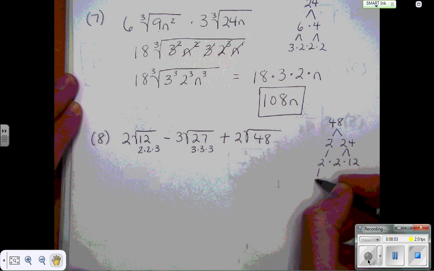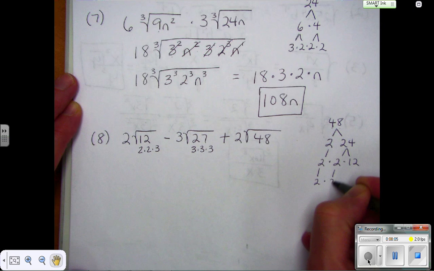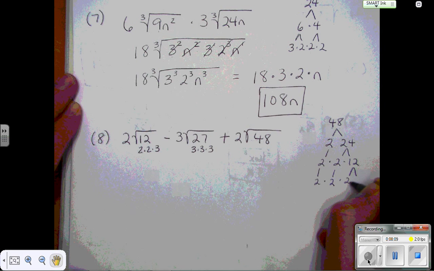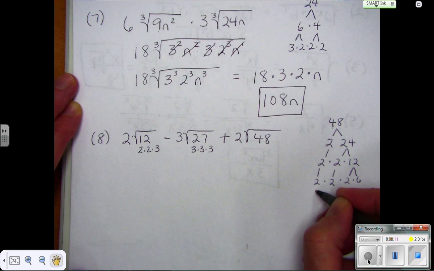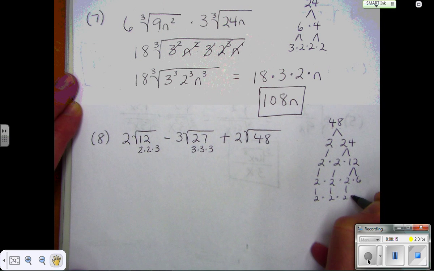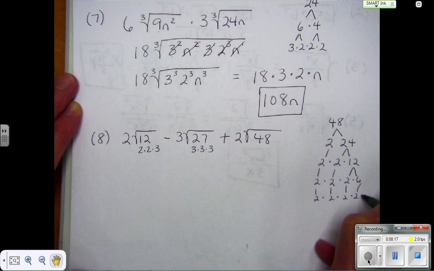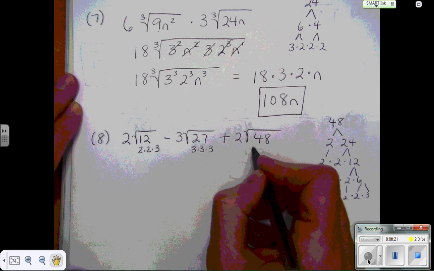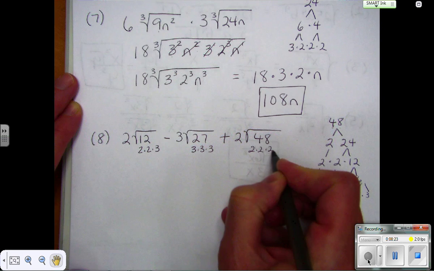I'm just bringing down all my prime factors so I don't forget that they're there. And then 12 is 2 times 6. So my prime factors are 2 times 2 times 2 times 2 times 3. So for 48, I have 2 times 2 times 2 times 2 times 3.